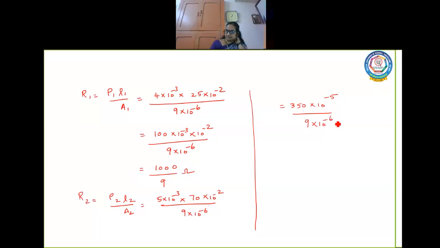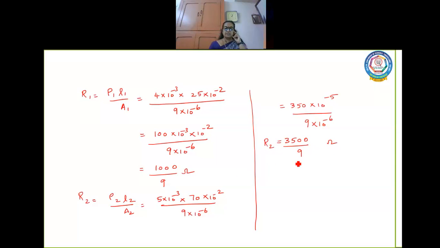Taking this 10 power minus 6 to the numerator, it becomes 10 power 6, so 10 will remain. So 350 into 10 will be 3500 divided by 9, which is the value of R2.